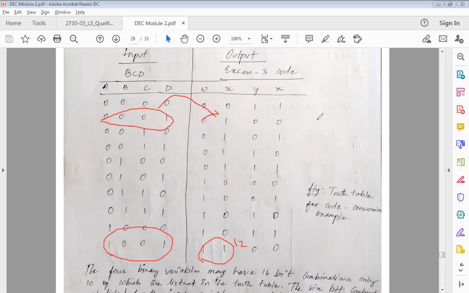Understood? Yes, sir. Decimal means how much? 10 values. So 0 to 9 is how much? 10 values. Deci means 10. So 1, 2, 3, 4, 5, 6, 7, 8, 9, 10. So decimal means 10. So I have totally 10 values here.